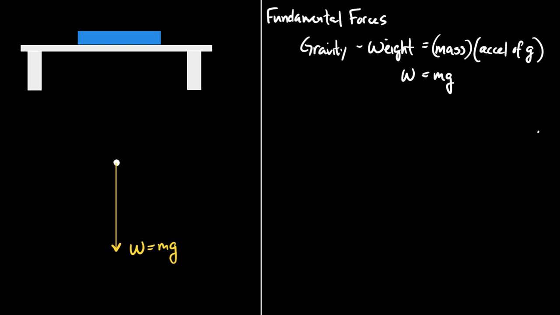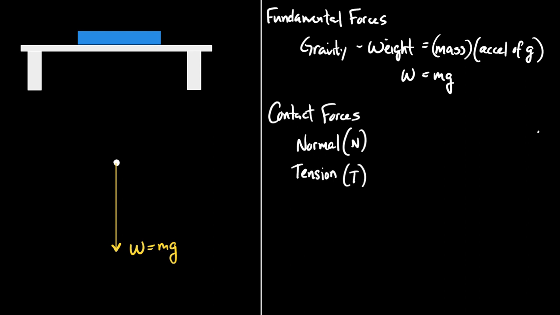Once you're done with the conservative forces, you move on to the next force, which is going to be the contact forces. We only talked about two of them, but there are lots of contact forces. The ones I want you to know right now are normal forces and tension forces. I'll use a capital N for normal and a capital T for tension.